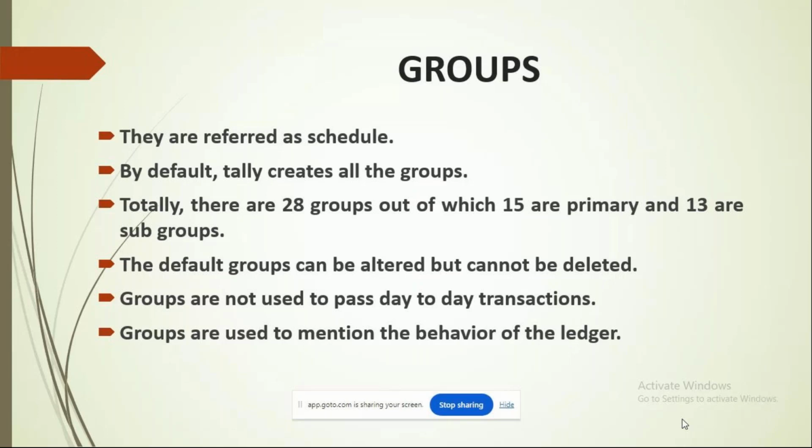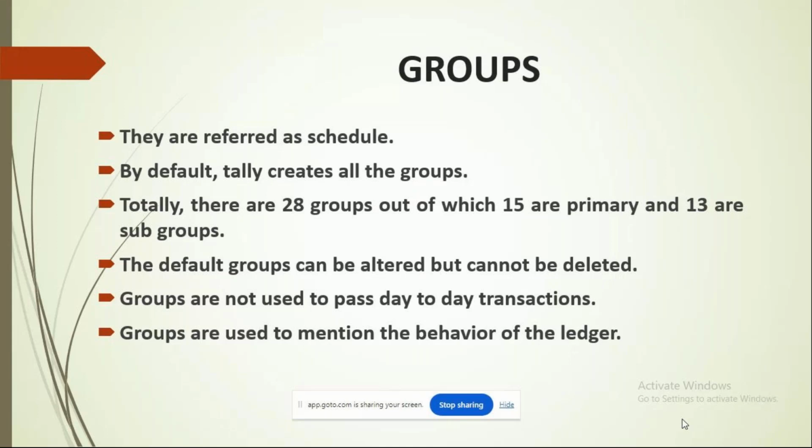Let me tell you one more important thing: the masters and features created by the Tally software, as a user I can alter them, use them, and apply them in my entries and statements. But I don't have the rights to delete those masters or features which Tally software has created, except a few. Major things we cannot delete.